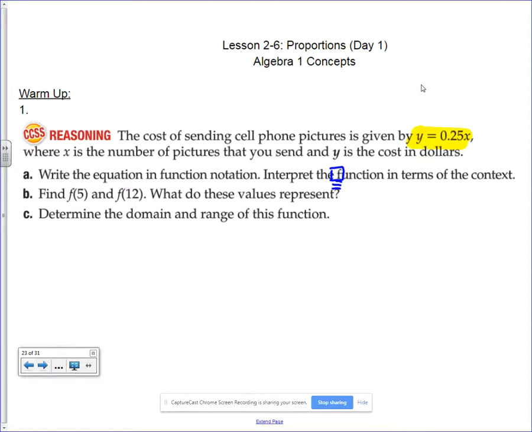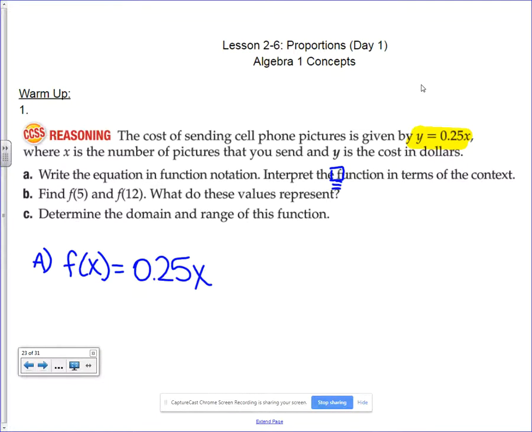Yeah, we have x's in this, don't we? Okay, so f of x is equal to 0.25x. Remember, folks, f of x and y mean the same thing. Everybody okay with that? See how I just swapped them in and out?